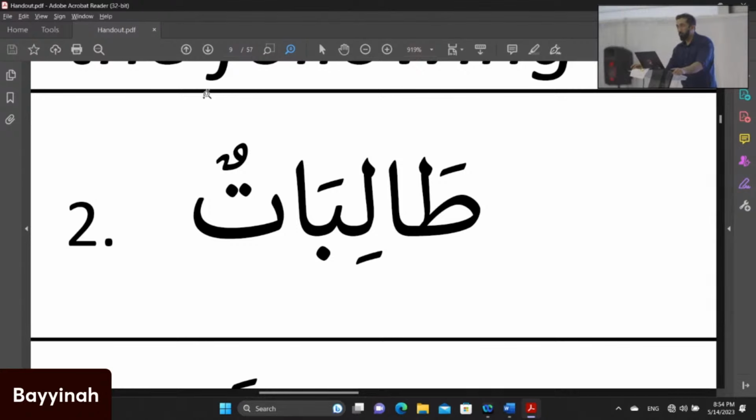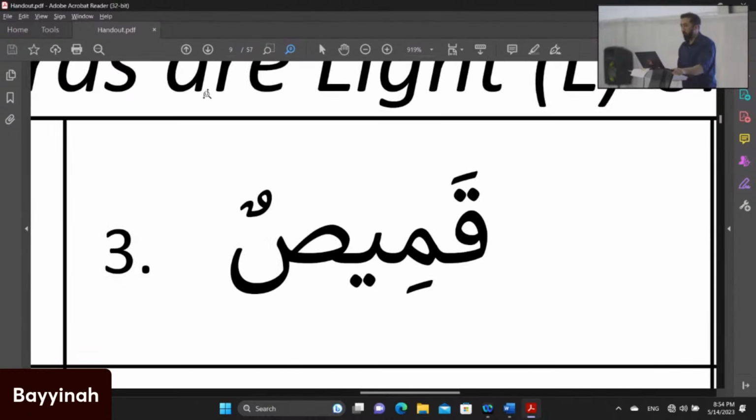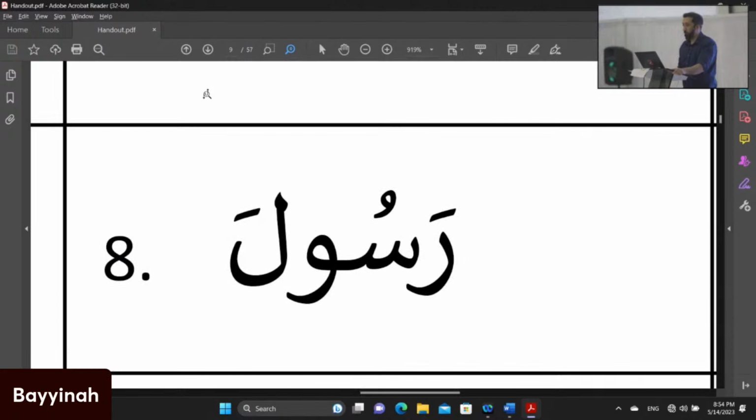Talibatun. Light version? Talibatu. Good job. Okay? Let's see if there's more. Qamisun. Heavy. Light version. Good. Rasula. Light. Heavy version. And if you were to write it, it would be Rasulan with an alif.